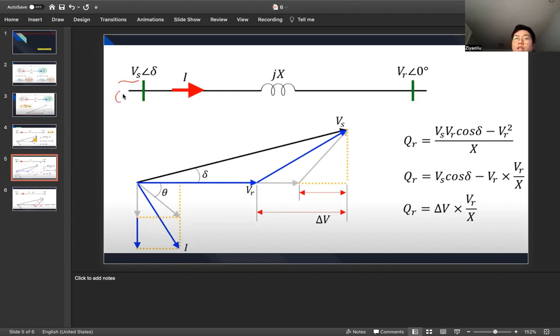Reactive power Q is here, and this angle is P. By the way, the power flows from the higher voltage magnitude to the lower side.